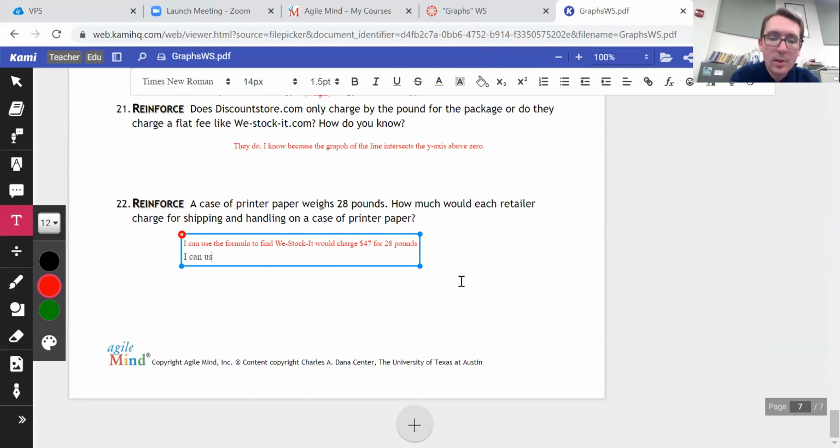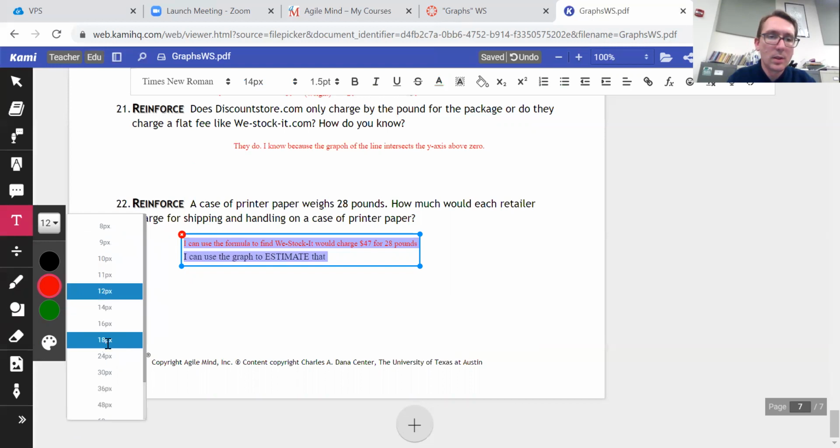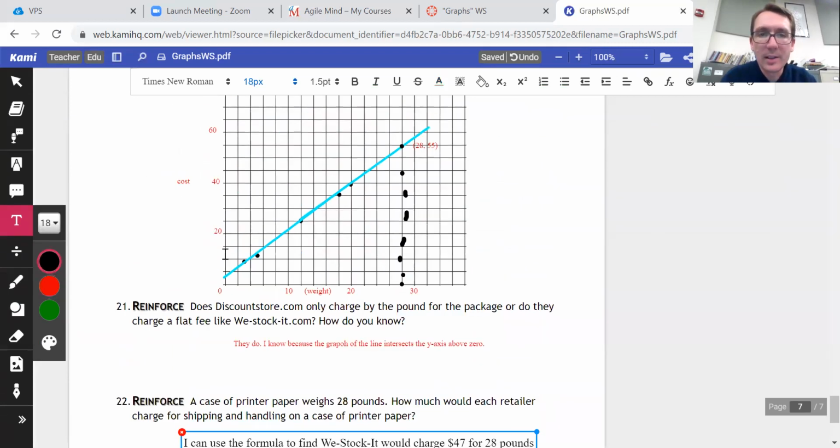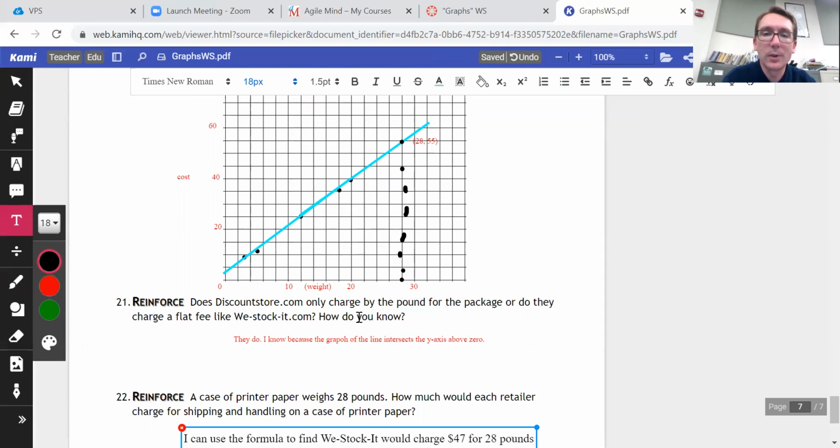I can use the graph to estimate that, and we'll make it all black. To estimate that what? These guys, discount store, would charge about $55 for 28 pounds.